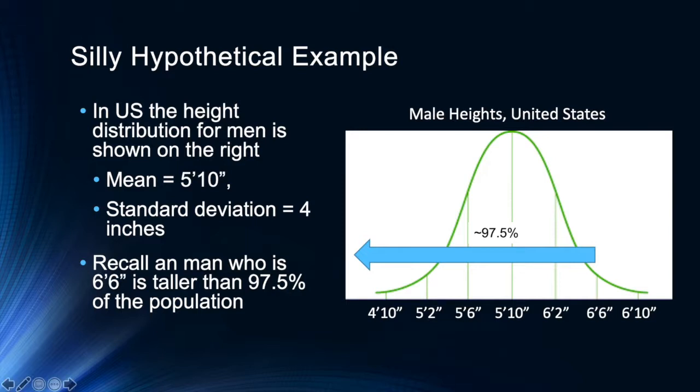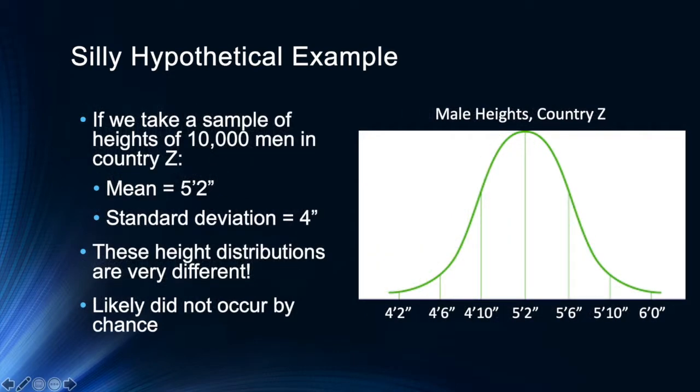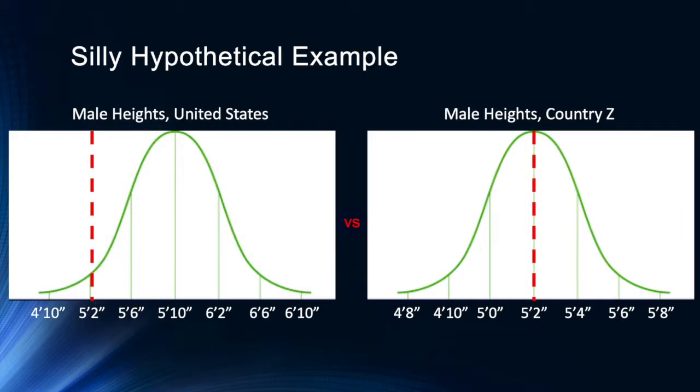Silly hypothetical example. Say country Z, we took a random sample of 10,000 people. The mean of men in that particular country Z is 5'2", and the standard deviation is 4 inches. So pretend that that is the truth. And these height distributions, if you look at this versus this, they're very different.